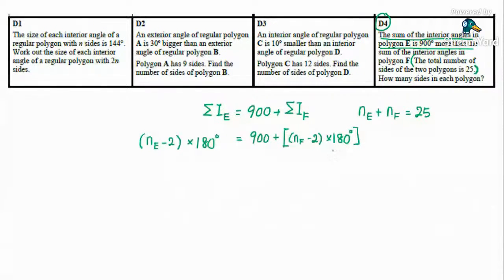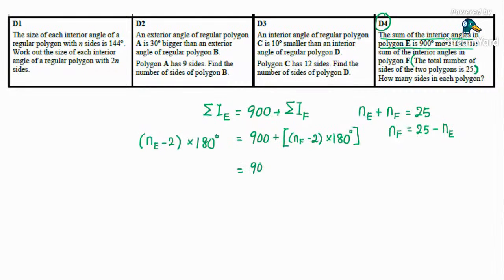Okay, so you can see here, the number of sides of F is actually 25 minus the number of sides of E. So what we can do is substitute NF here with 25 minus NE.